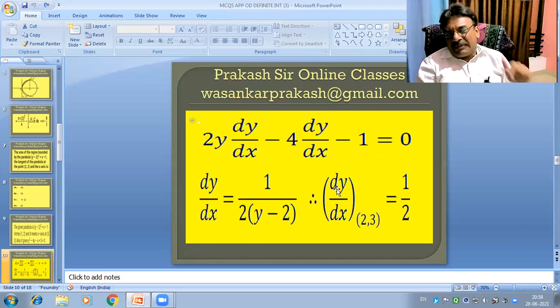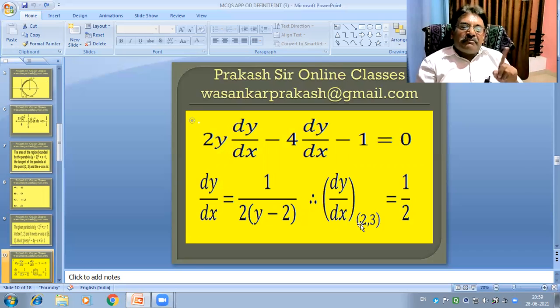And we find the slope of the tangent at the point (2, 3). Therefore dy/dx at (2, 3) is 1 upon 2 times (3 - 2), that is 1, so 1 by 2. This is the slope of the tangent. Next we write the equation of the tangent at the point (2, 3).